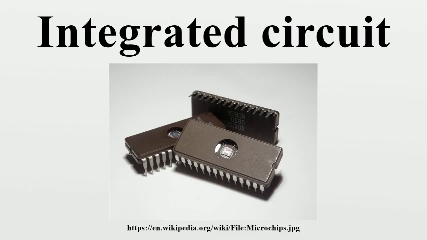ICs can also combine analog and digital circuits on a single chip to create functions such as A/D converters and D/A converters. Such mixed-signal circuits offer smaller size and lower cost, but must carefully account for signal interference.